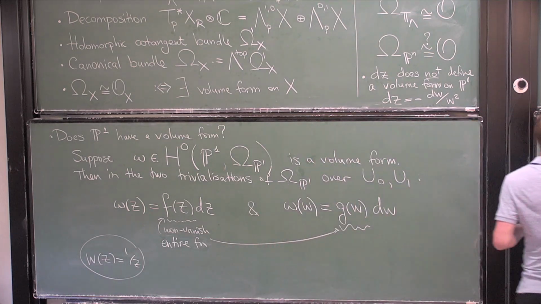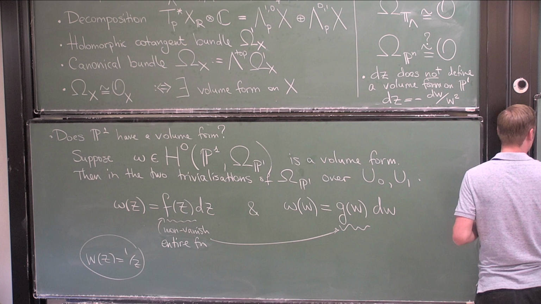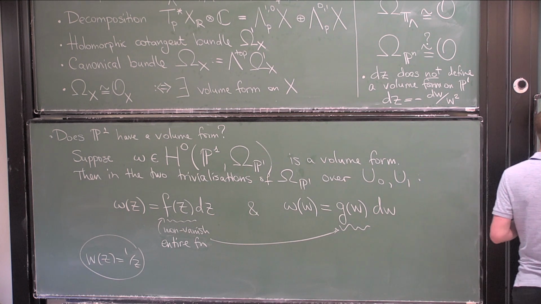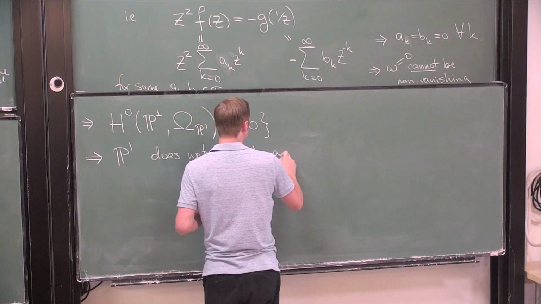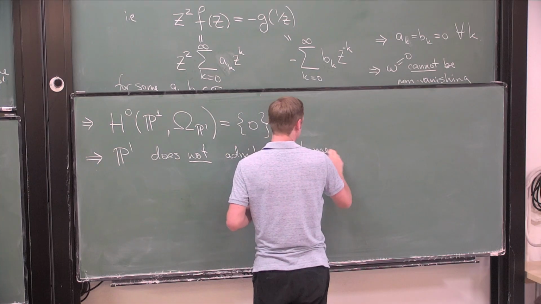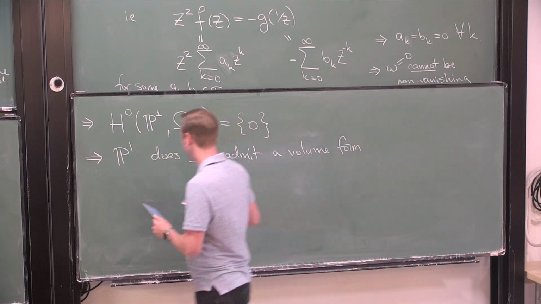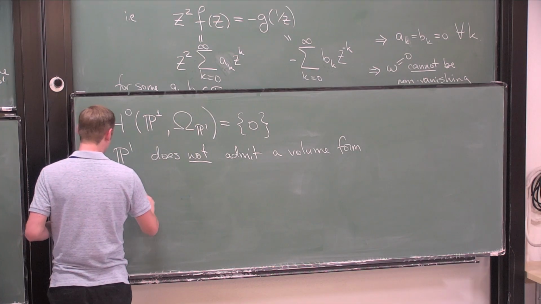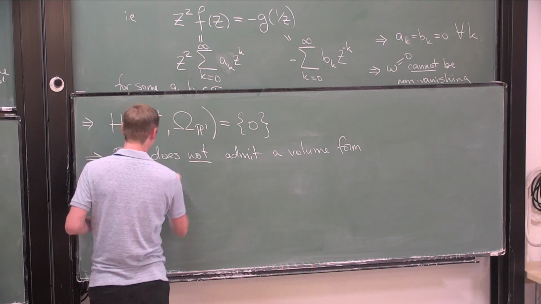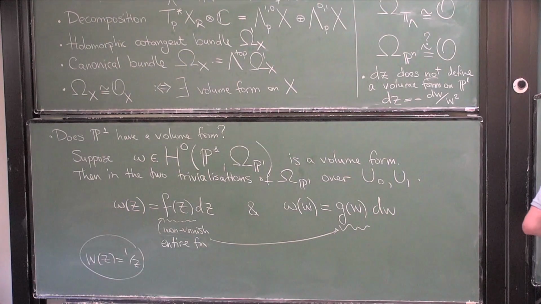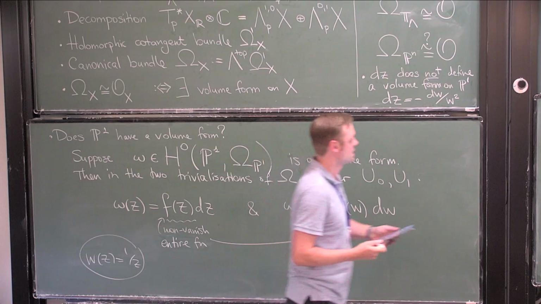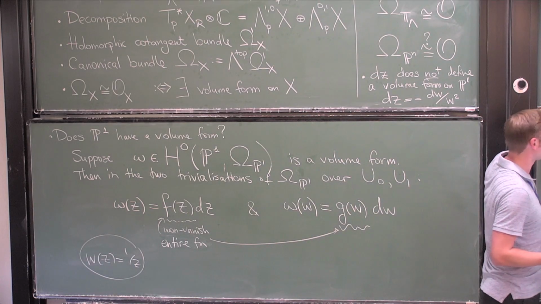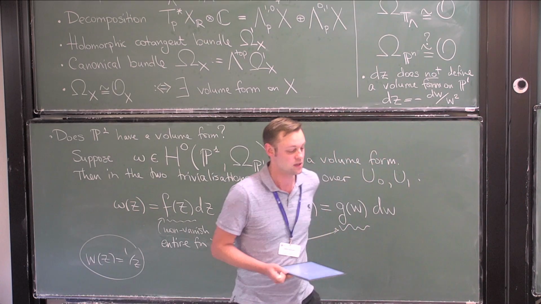So this is more or less a proof that P1 does not admit a volume form. And therefore, omega P1 is non-trivial. So this is our first example of a complex manifold which has a non-trivial canonical bundle.